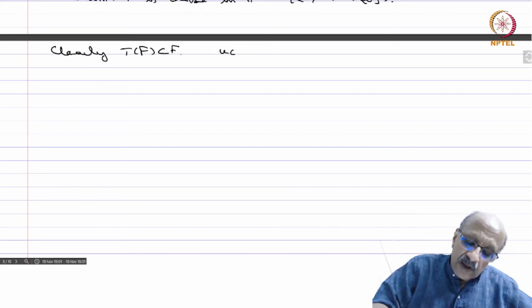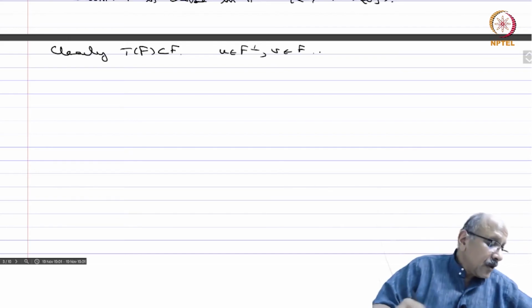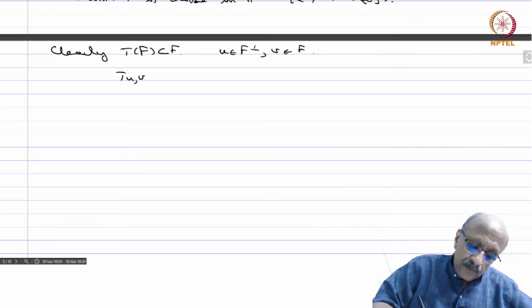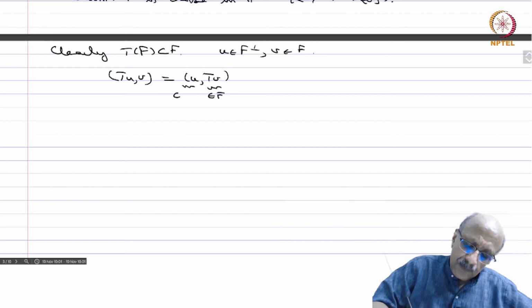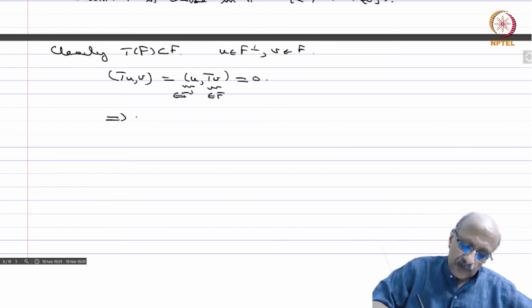Now if u is in F perp and v is in F, you have (Tu, v) equals (u, Tv). Now v is in F, so Tv is also in F, and u is in F perp, and therefore this is equal to 0. So this means that T(F perp) is also contained in F perp.